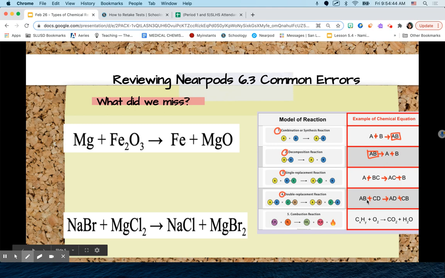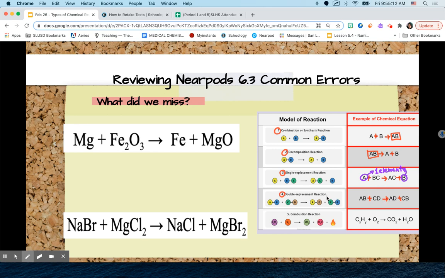And the main difference between single and double replacement is that in a single replacement reaction, I should see just one element by itself before and after the arrow.